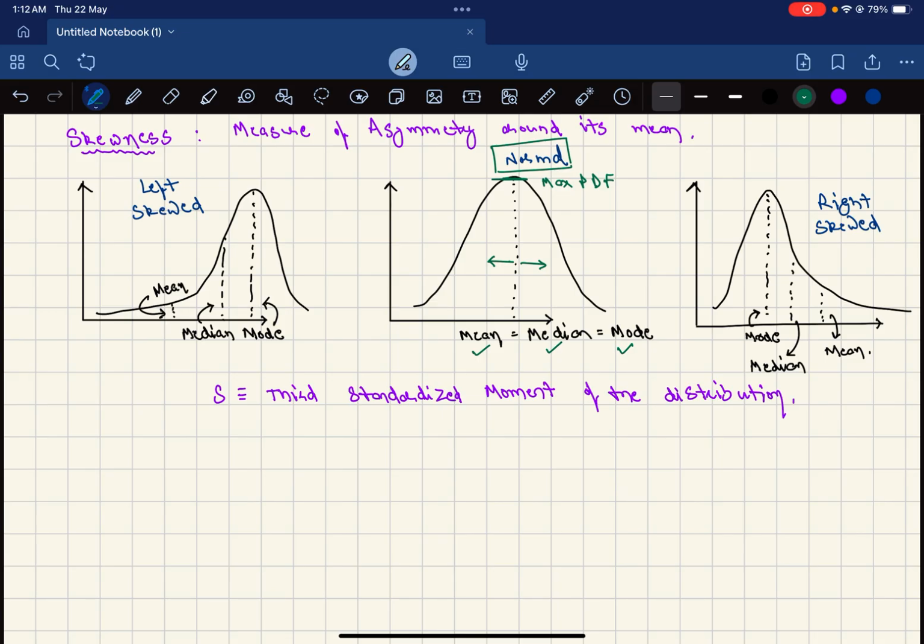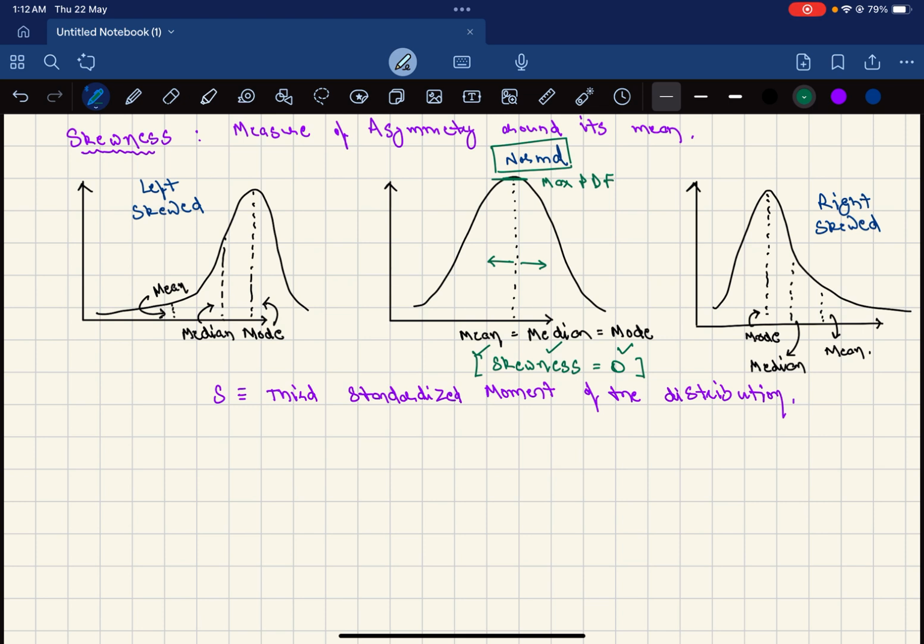So since it is very symmetric and skewness is a measure of asymmetry, the skewness of a normal distribution is always equal to 0, since there is no asymmetry in this particular kind of distribution.